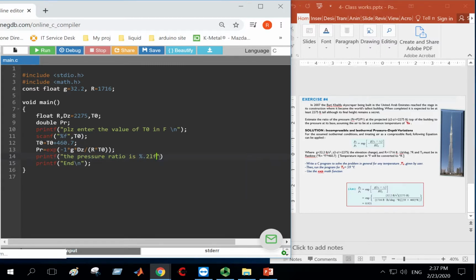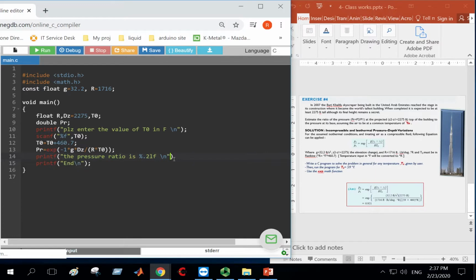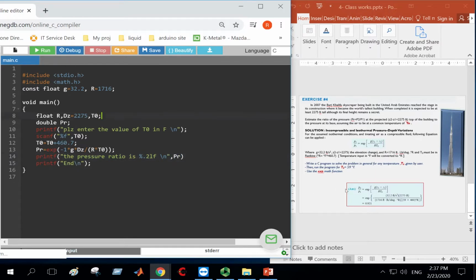Then go to the next line. From outside the quotes, after a comma, I will take the value of PR. And here we have some examples. If we enter the value of T0 as 59, the result will be 0.921.